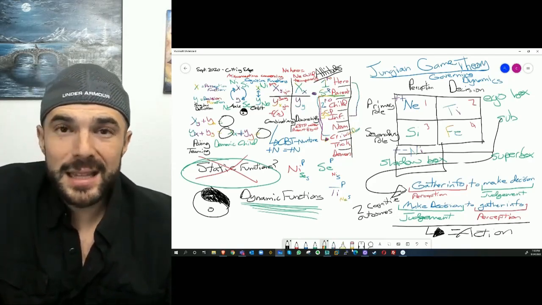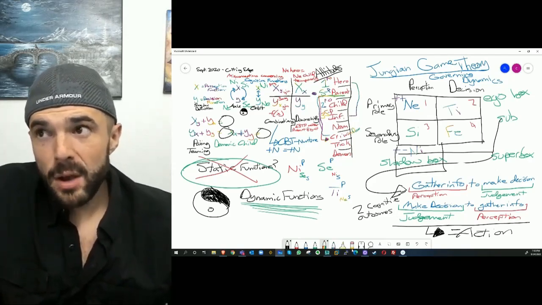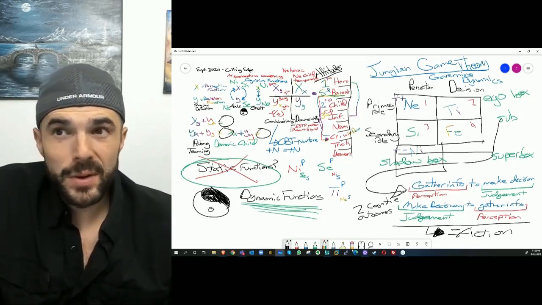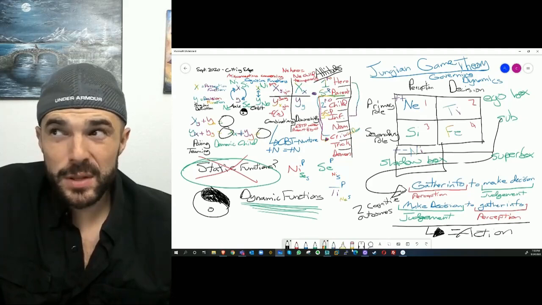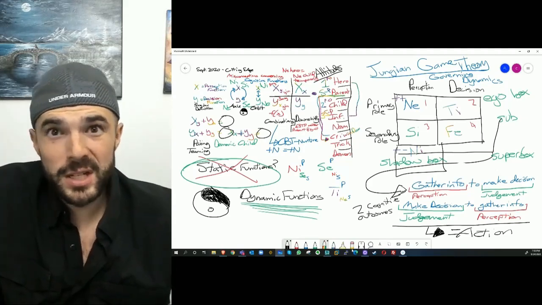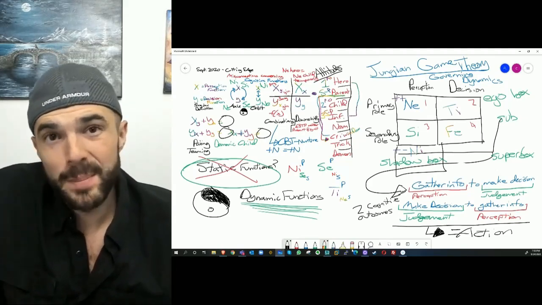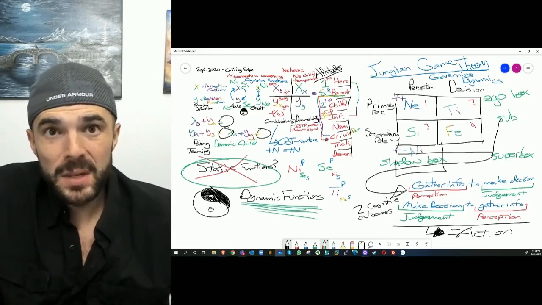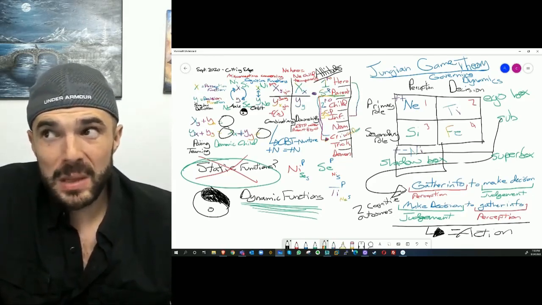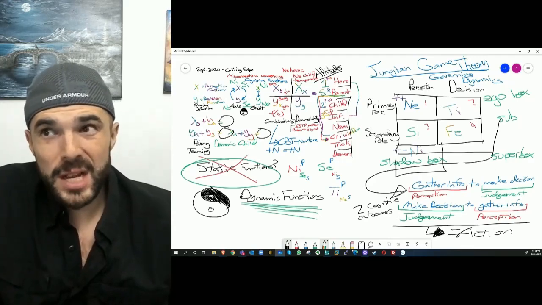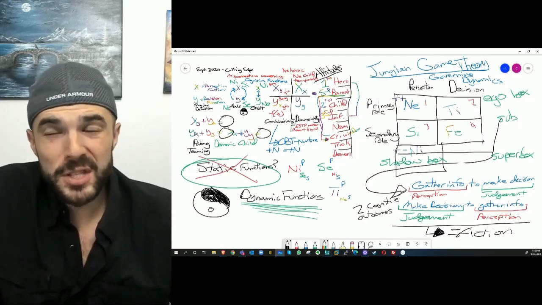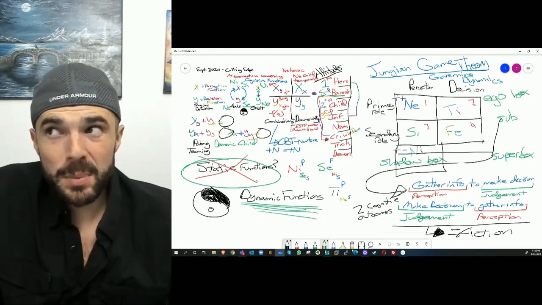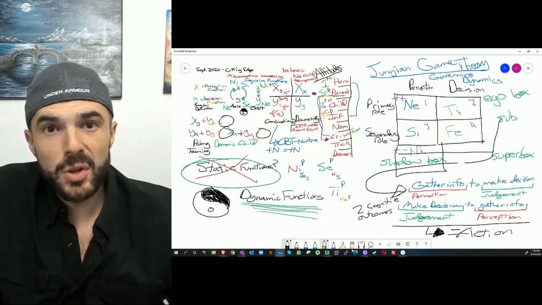So, I could literally make a grid of all the 16 types, and I could show you so many different combinations of each of these, the 16 box grids with each of their 16 cognitive functions based on the 4 sides of the mind, and literally walk you through their entire developmental life and where they are at their different life stages just based on these little charts, and you can see where they are, what functions are going into what role based on perception and decision, and who's going where and what.